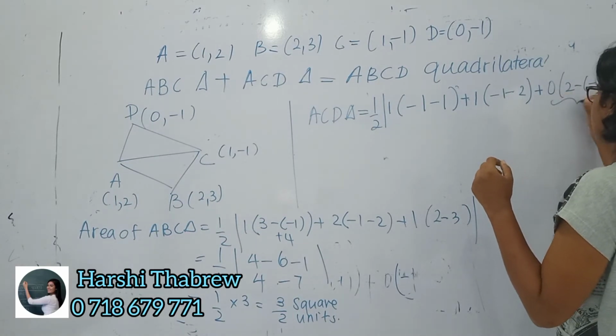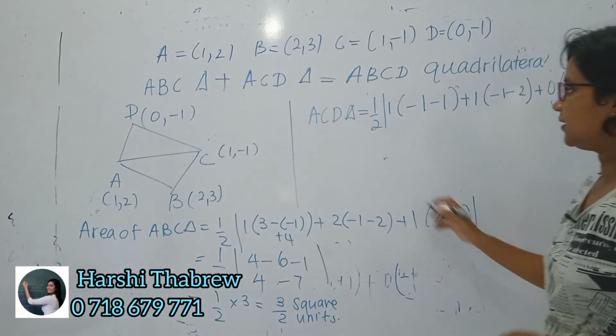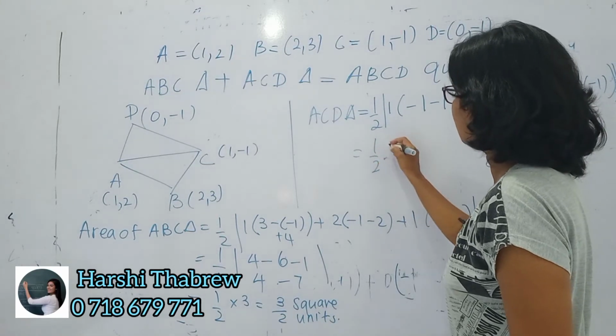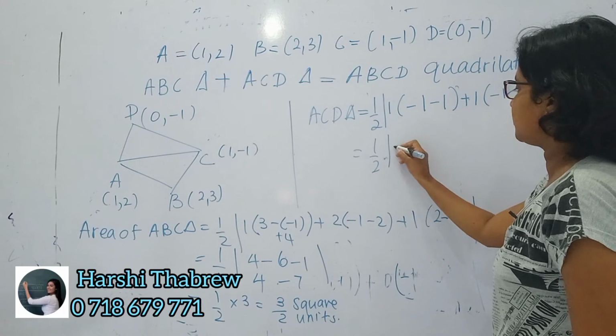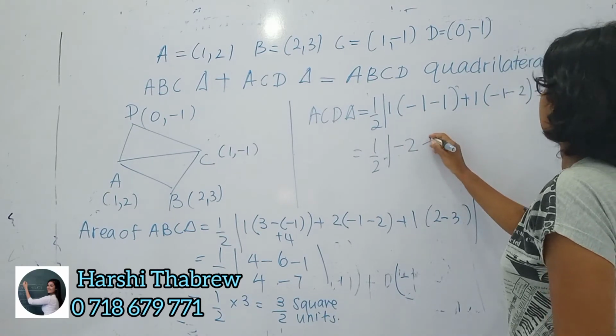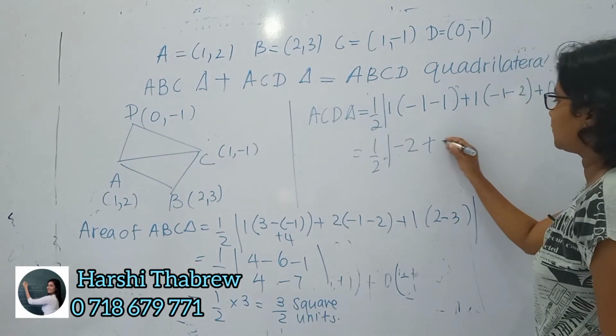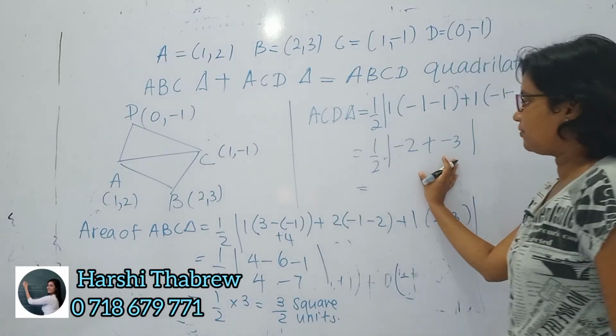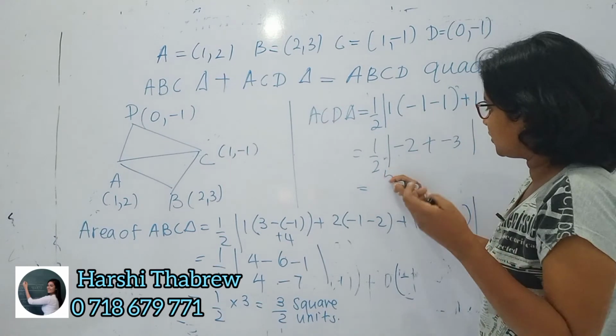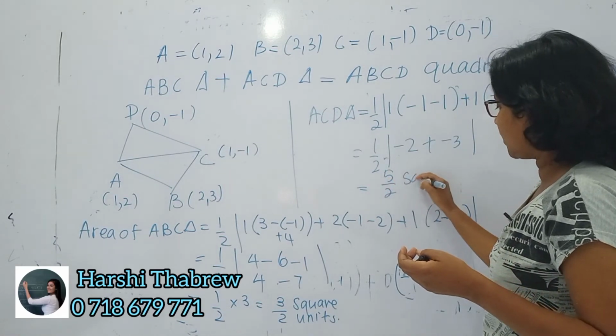Whatever you write, that is 0. Then it's half into 1 into negative 2, here negative 2 plus here negative 3, then you have negative 5. That means positive 5 when you take the modulus. This is 5 over 2 square units.